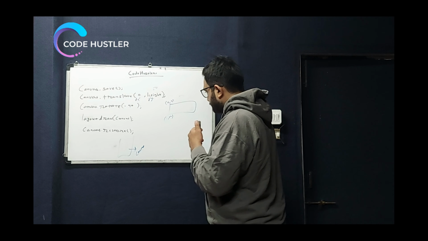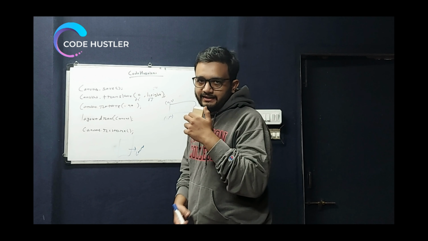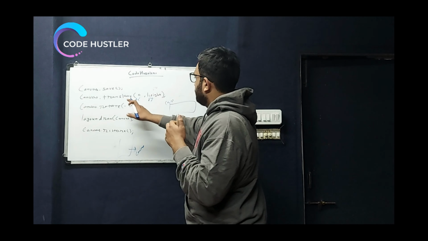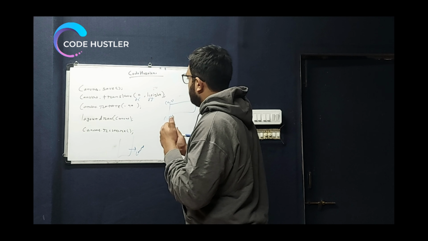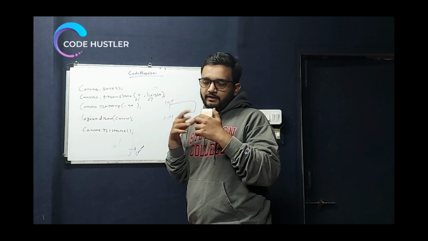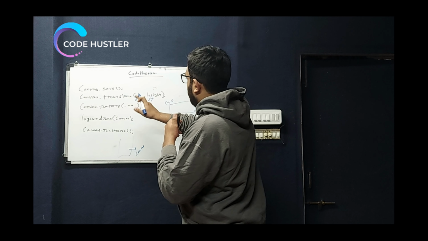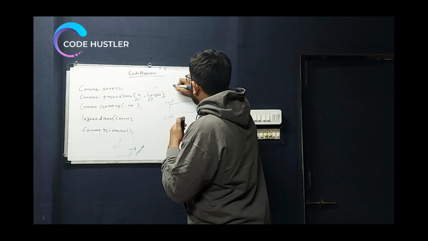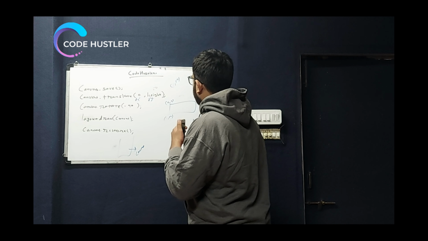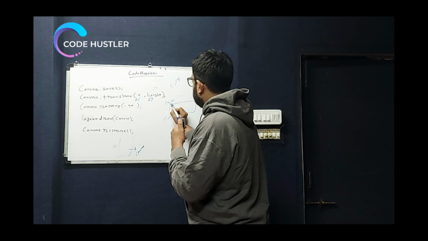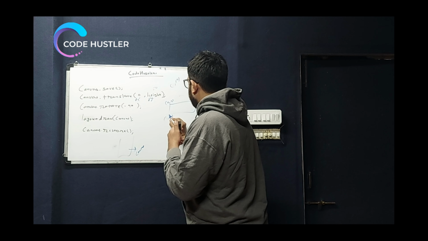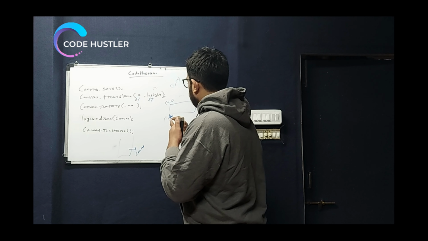Now we want to translate it in y by the height. Whenever we call canvas.translate with 0 and 50, it will just move the origin 0, 0 to 0, 50. It will move it to here.